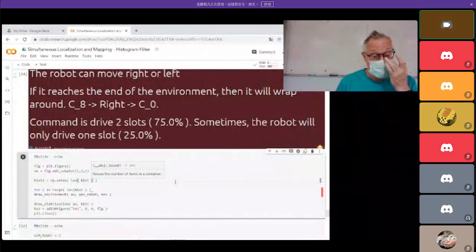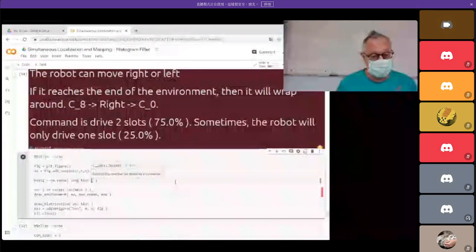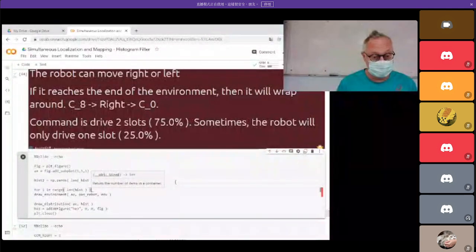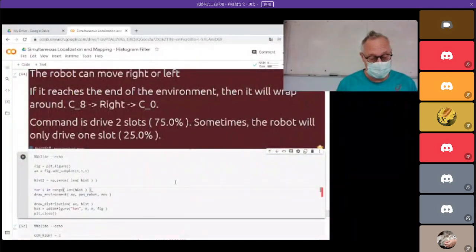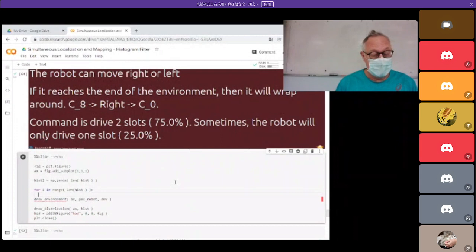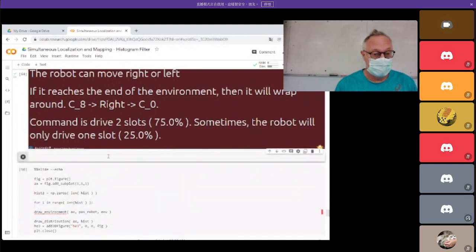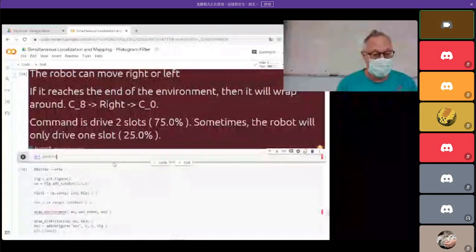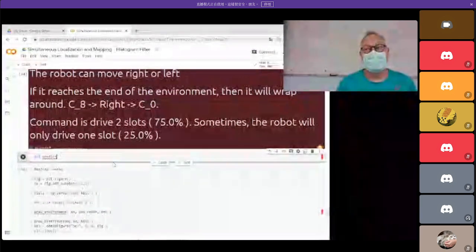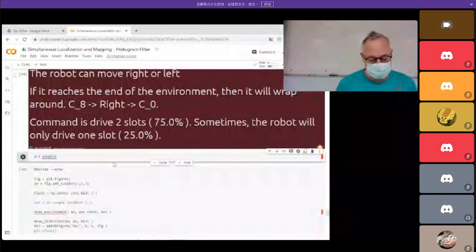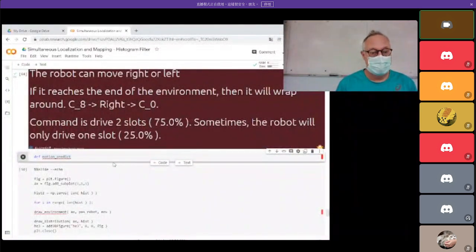So now I execute the command. If we're dealing with the Kalman filter, then this would be the predict step, right?